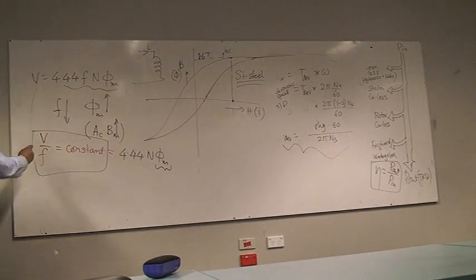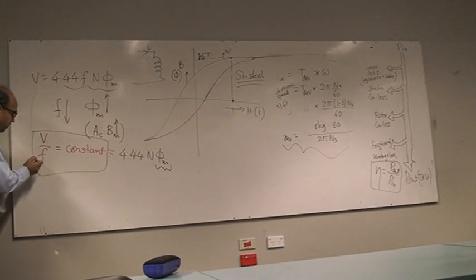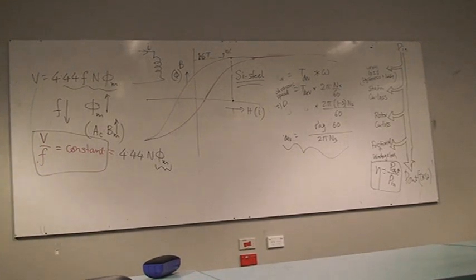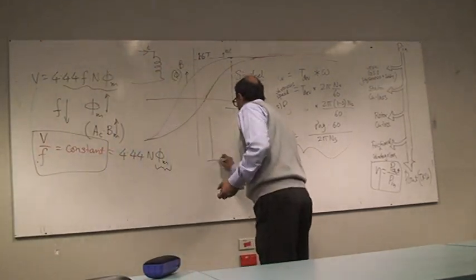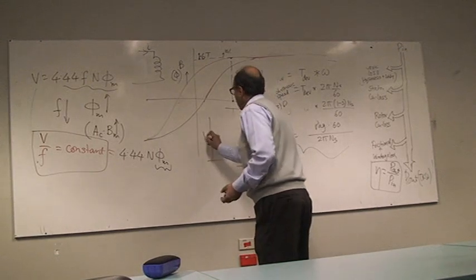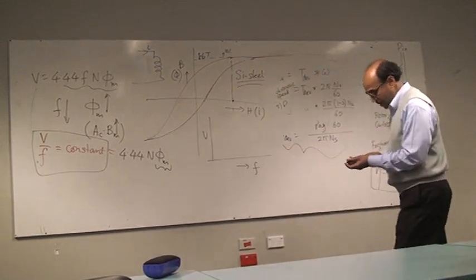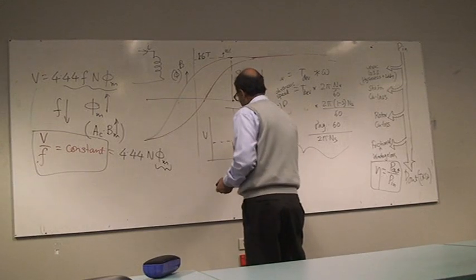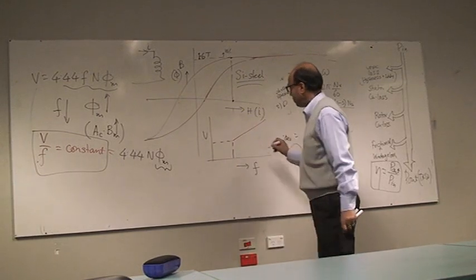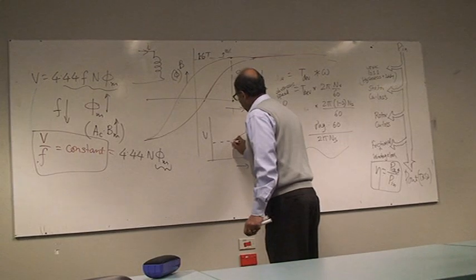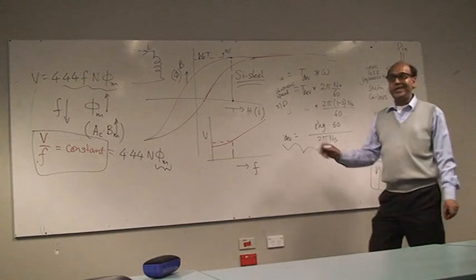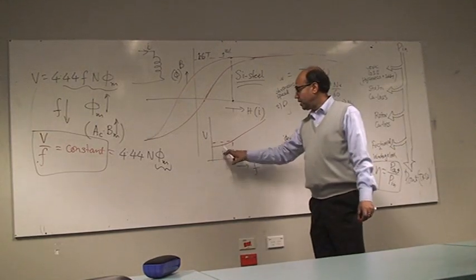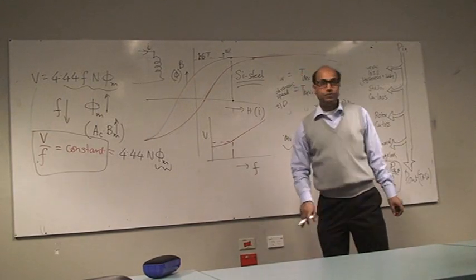So we usually use this method, V by F control. If you change the frequency, you need to change the voltage too, so that the ratio between the voltage and the frequency remains constant. Now, if you follow the curve, you can have something like this, V by F constant, but when the frequency is very low, you cannot keep decreasing the voltage too low.